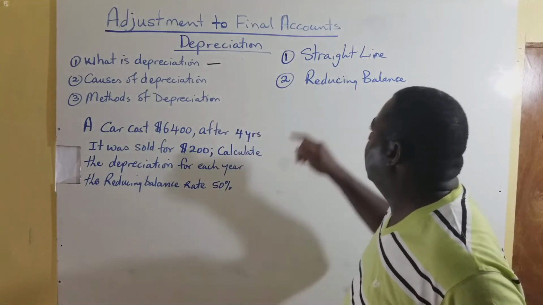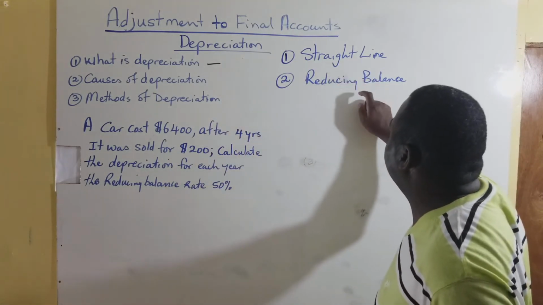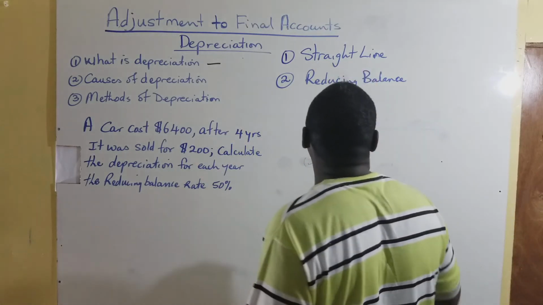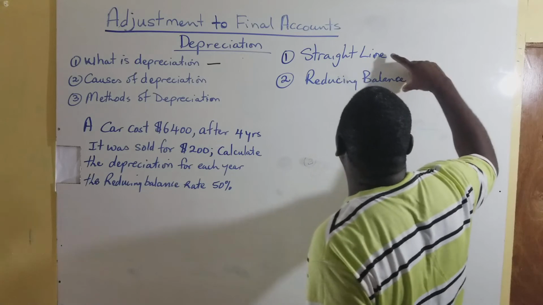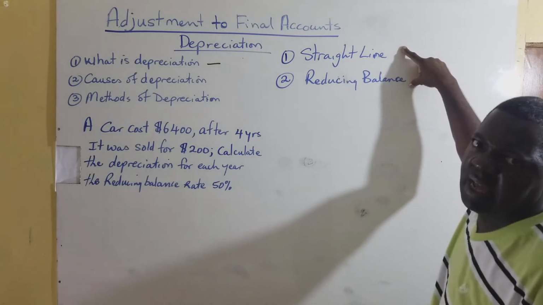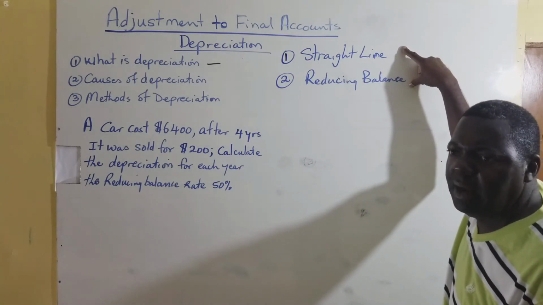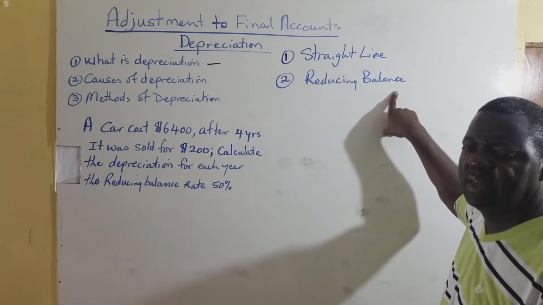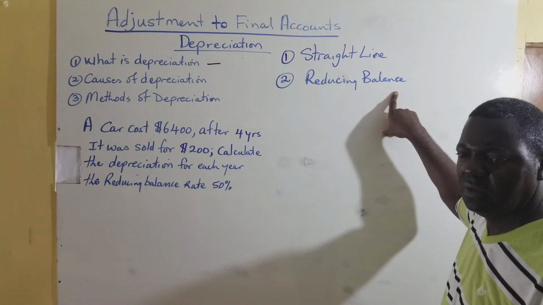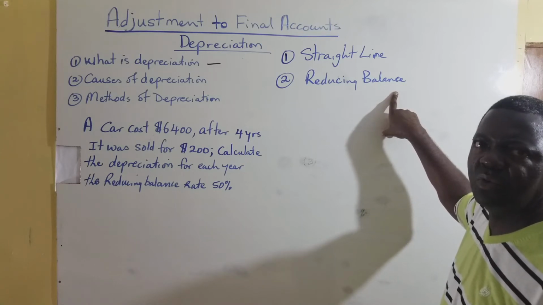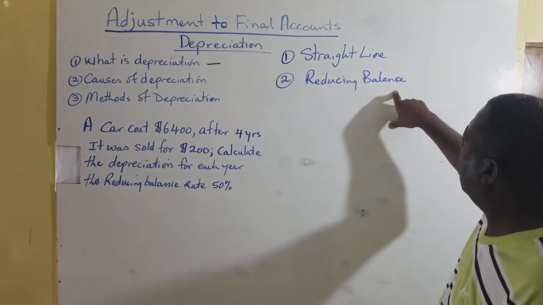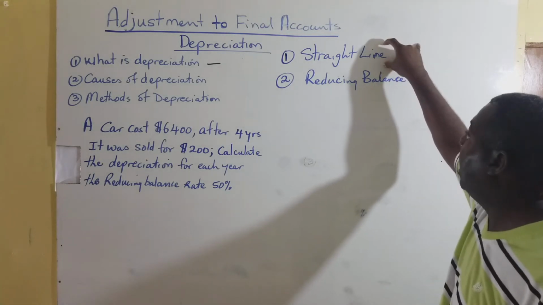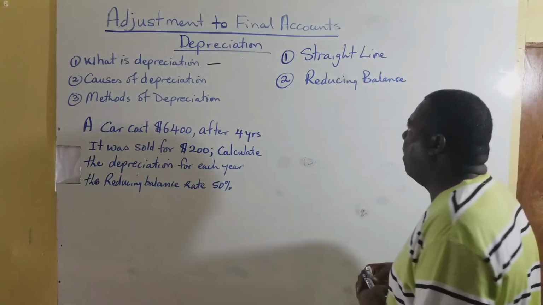Both of them were originally created with a formula, but the reducing balance formula is very difficult for the layman to work out. The straight line method, however, has a simple formula.